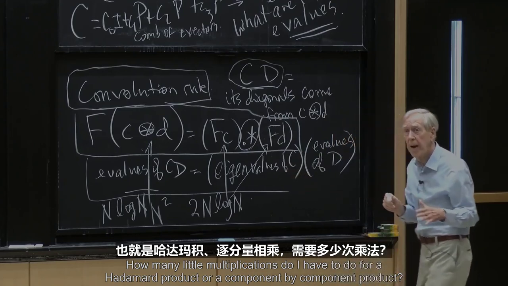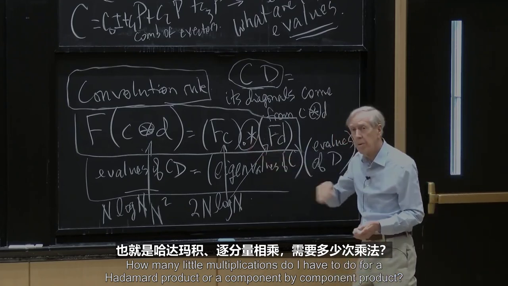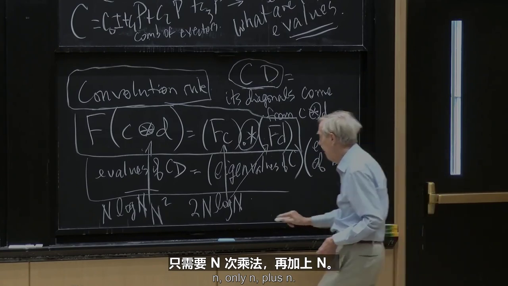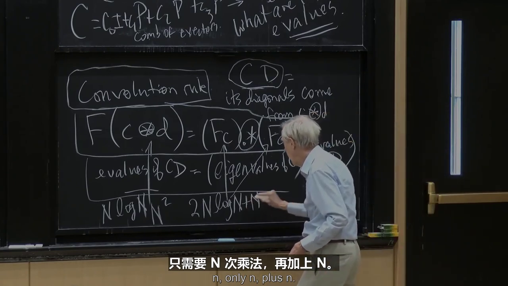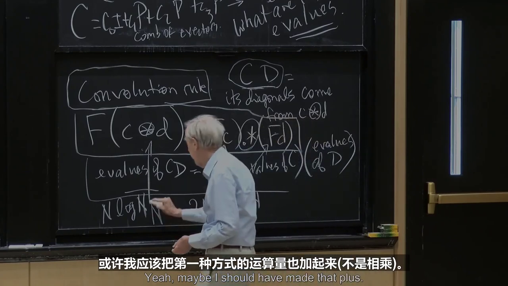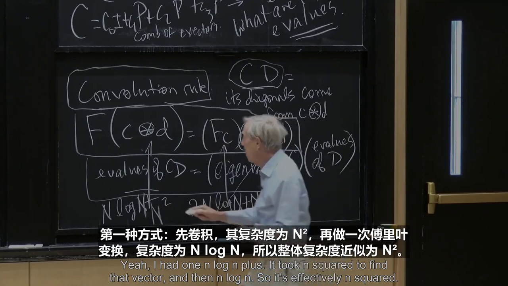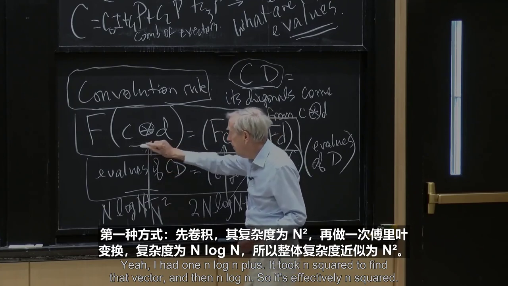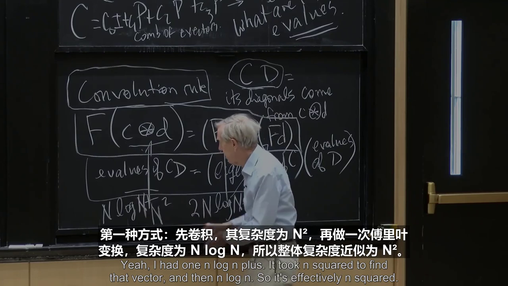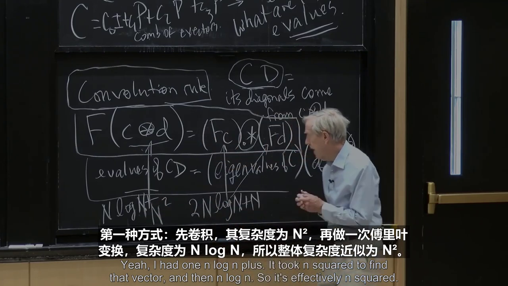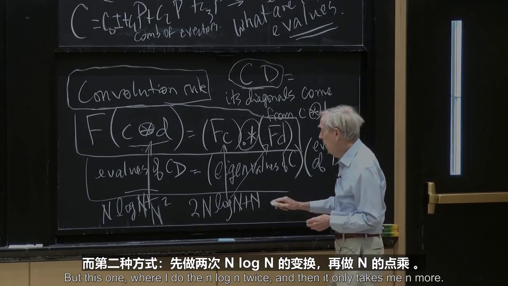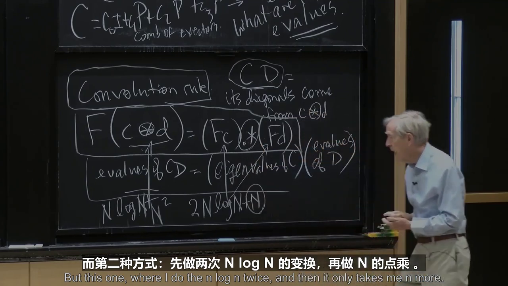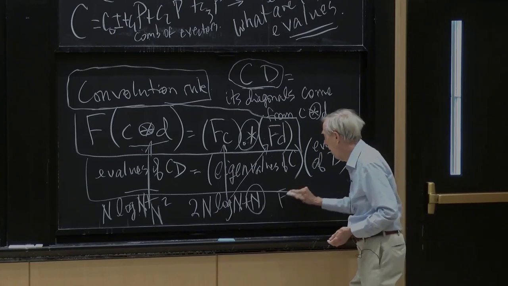How many little multiplications do I have to do for a Hadamard product, a component by component product? N, only n. Plus n. Yeah, I should have made that plus. It took n squared to find that vector, and then n log n, so effectively n squared. But this one, where I do the n log n twice, and then it only takes me n more, this is the fast way.